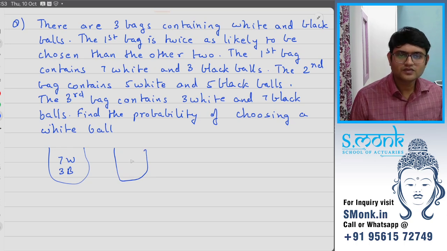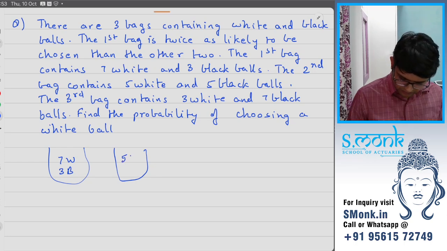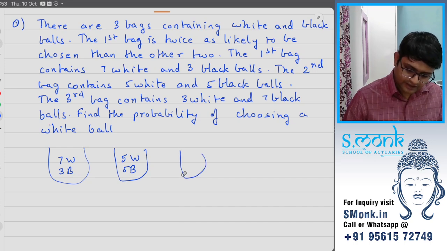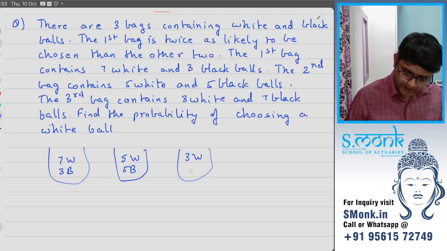Then second bag contains 5 white, 5 black, and the third bag contains 3 white and 7 black.